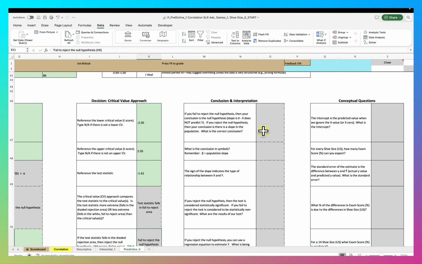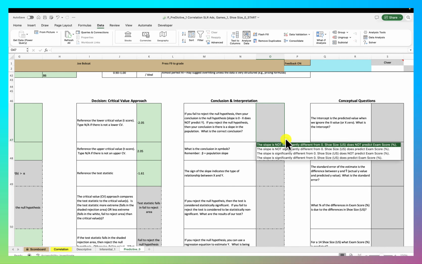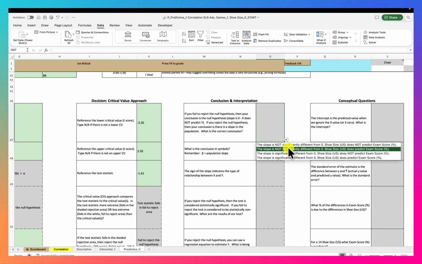Then over here, if we fail to reject, then the null hypothesis is not rejected. Okay, what's the correct conclusion? Slope is not significantly different from 0, and shoe size does not predict exam score.